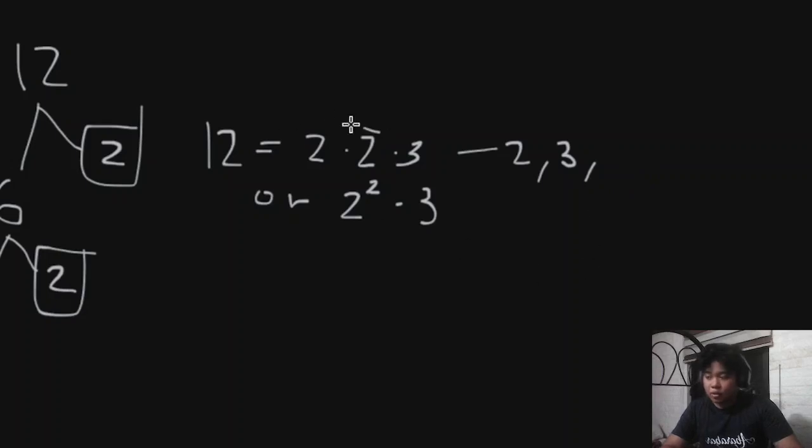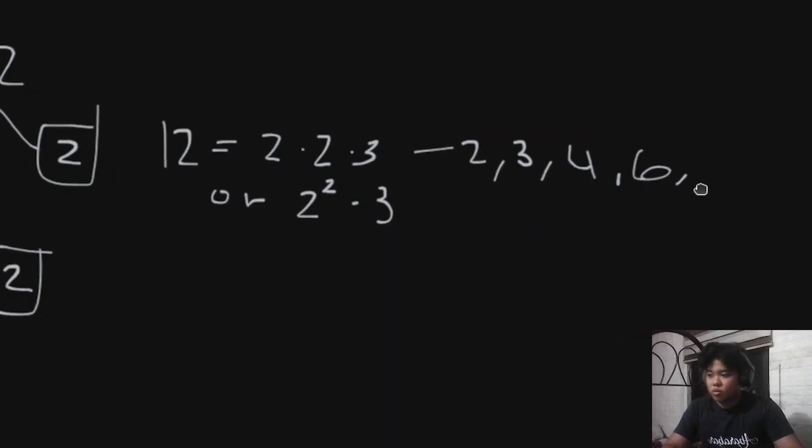Next, we can also group these, which gives 4, because 2 times 2 equals 4. Then we can do this as well: 2 times 3 is 6. And then don't forget that 12 is also a factor of 12.